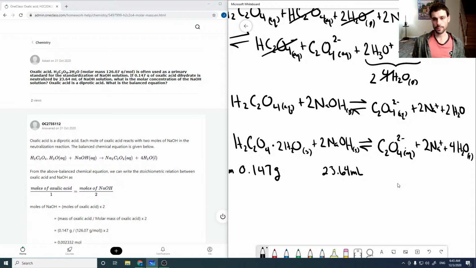So our mass, that's our volume. Our molar mass in this case is 126.07. And we have a volume of NaOH that's added to completely balance this, or to give us a neutral solution.